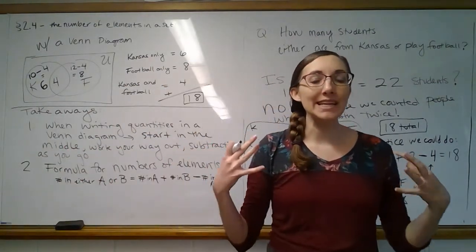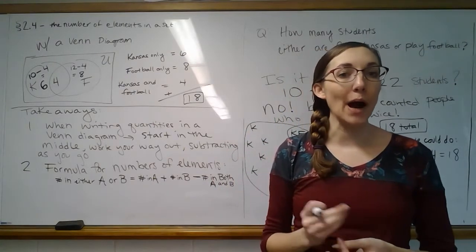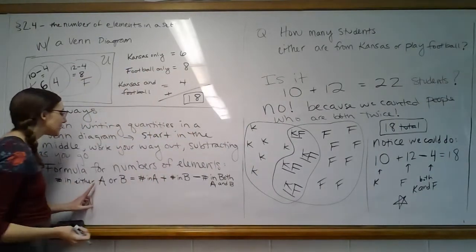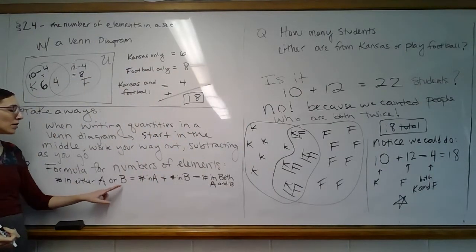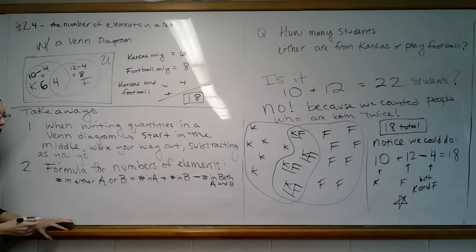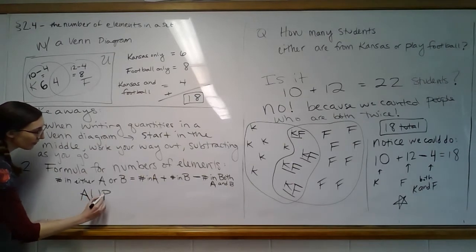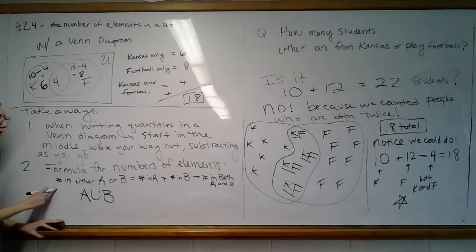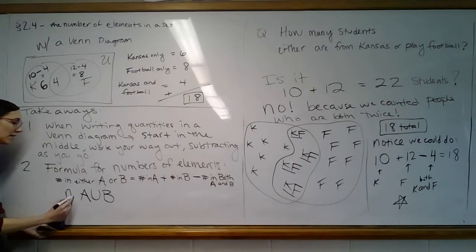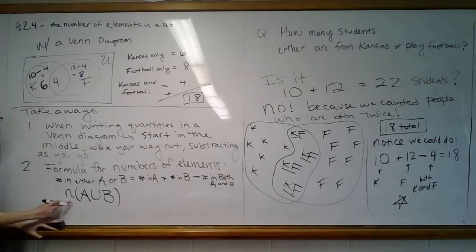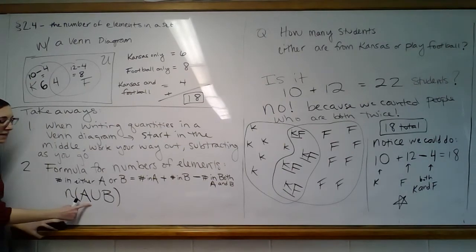What we want to do is condense that using our operations that we've learned. So first off, if we think about what it means to be either A or B, well, that was the union. Now, to represent the number of elements in a set, we're going to do a little n and then put it in parentheses. So this notation, n in front of a set, means the number of elements in that set.